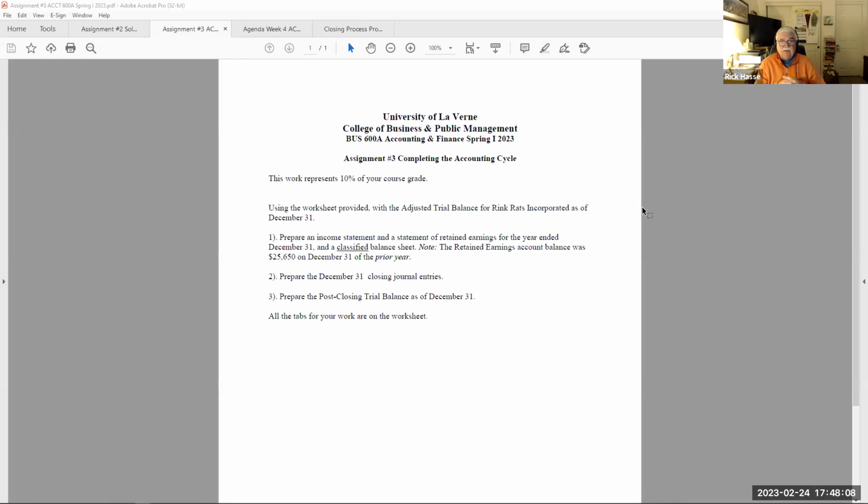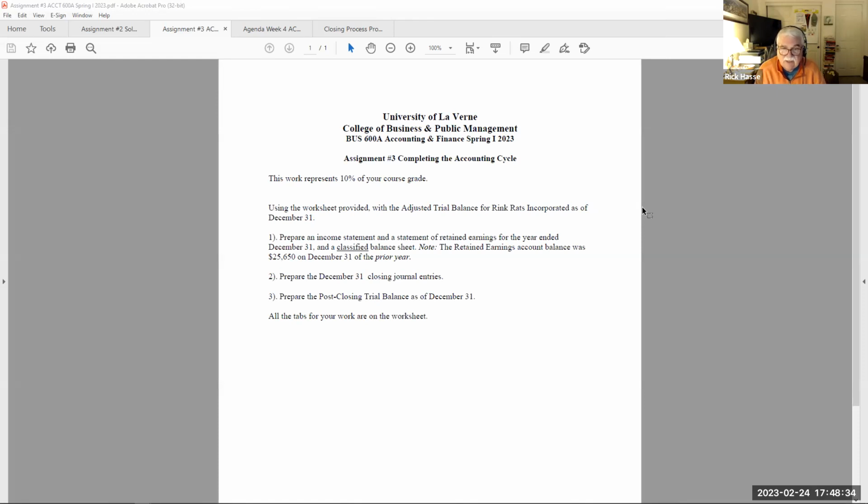Okay, assignment number 3 is taking an adjusted trial balance and preparing a few things. Here's the lead sheet of the assignment, which represents 10% of your course grade. Using the worksheet, the Excel sheet that I've provided, and we'll look at that in just a minute, with the adjusted trial balance for Rink Rats Incorporated, prepare an income statement, a statement of retained earnings, and a classified balance sheet.